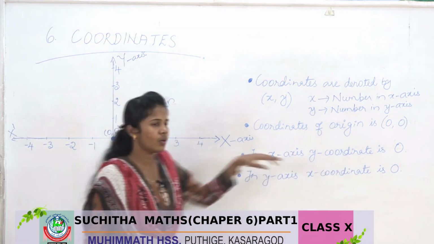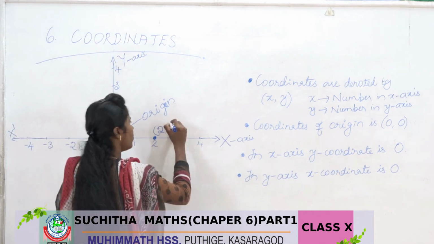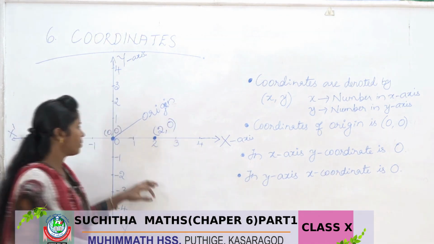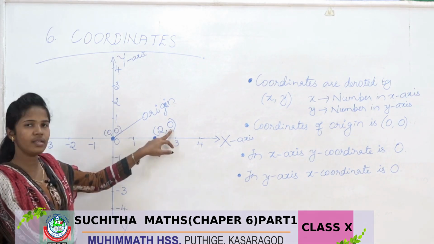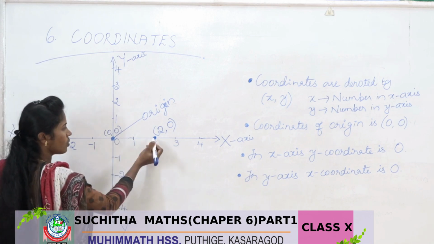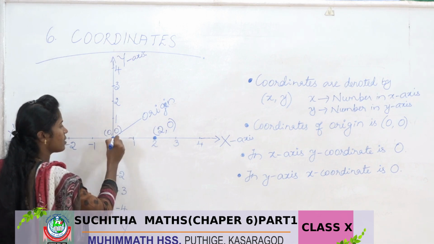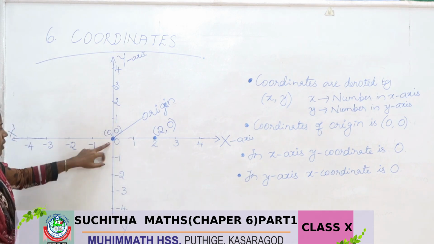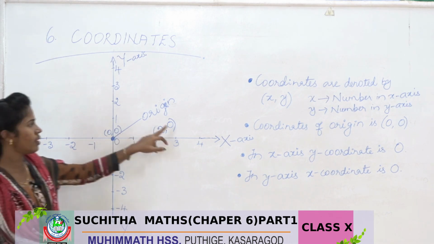So this point is parallel to the y-axis. Here the number is 0, so the y coordinate is 0.